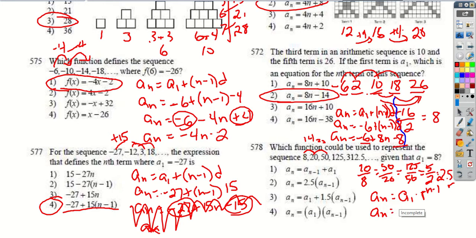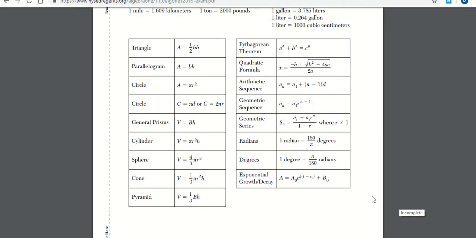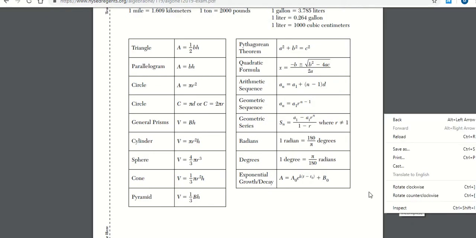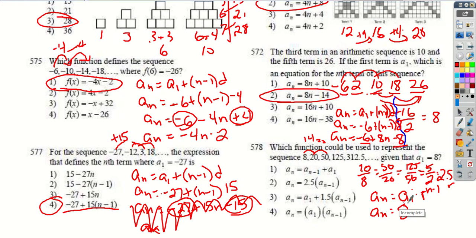First term in line is 8, times r, which is 2.5 or 5 over 2, to the n minus 1. This is a little weird.